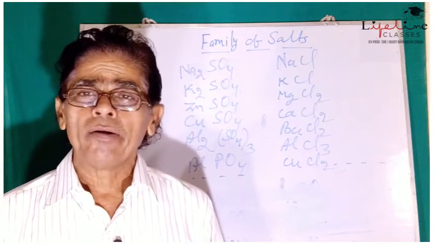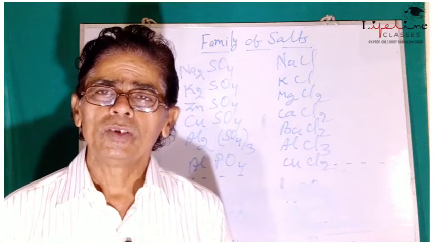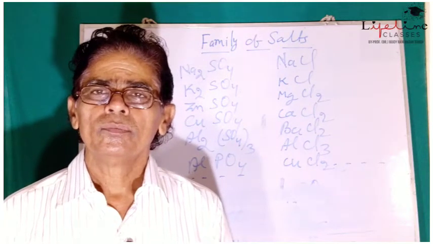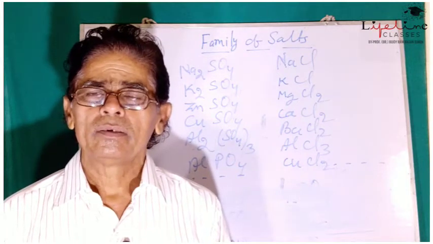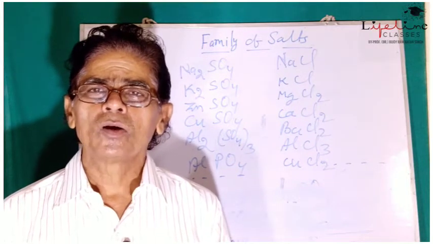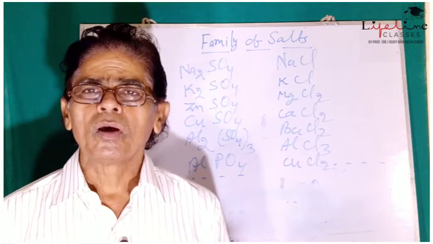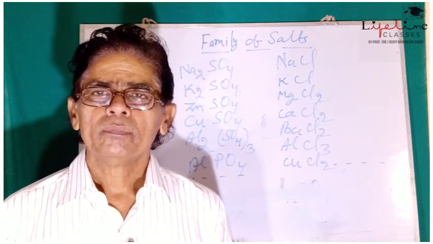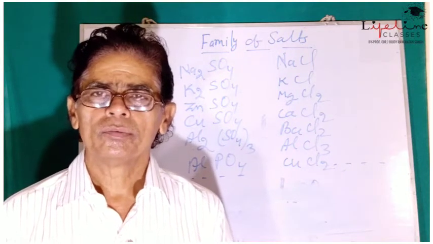When the ionization of a strong acid takes place, this ionization is unidirectional, and it is called irreversible. No equilibrium is set up between the ionized and unionized molecules.